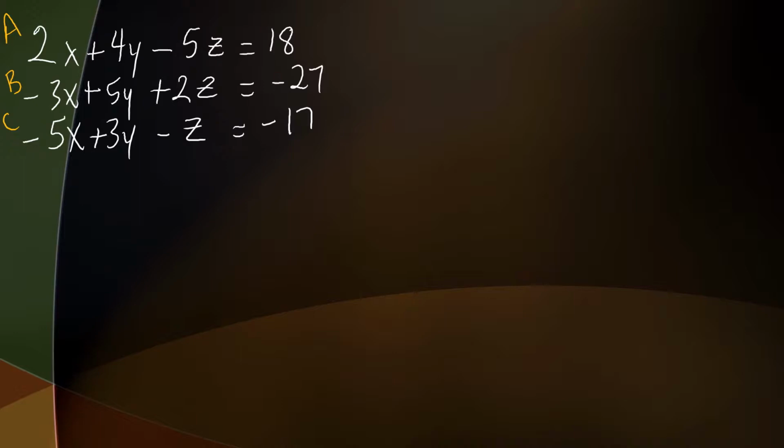And then I've got in the C equation, it's negative 5x plus 3y minus z. And I see that if I multiply the C equation by 2, I'd have a situation where I'd have positive 2z and negative 2z, and I could eliminate the z variable. So I'm first going to put B and C in the game.